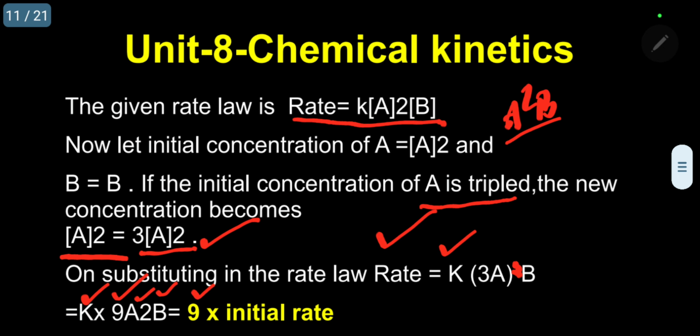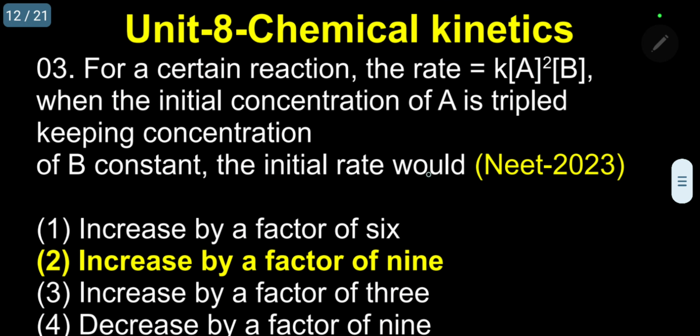An extra 9 is coming. So it is 9 times greater than the initial rate. So that is the answer. It is increased by a factor of 9. That is the correct answer.